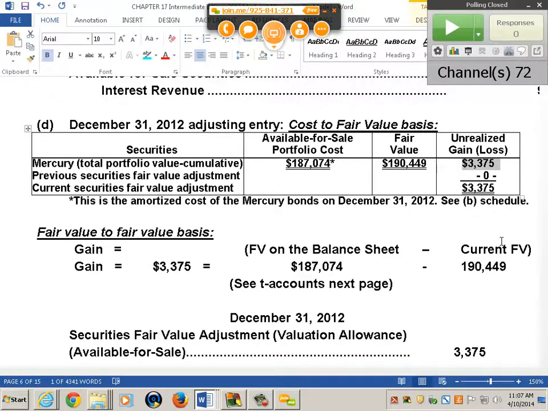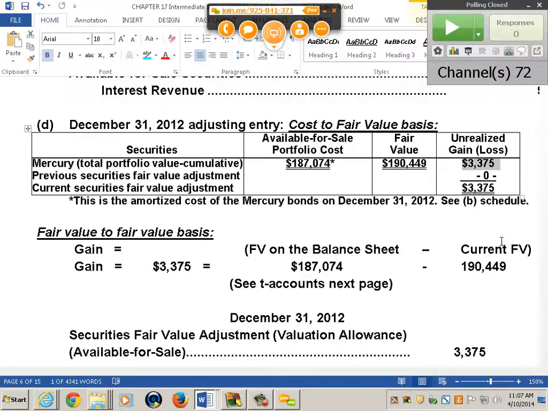So here's the issue on a balance sheet approach. The valuation allowance, in this case, does not have a balance. There's neither a debit nor a credit balance in there. So I don't have a balance right now. The carrying value of this investment, I need to bring this to fair value.